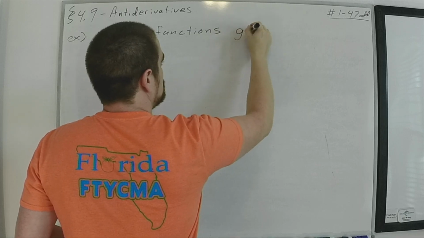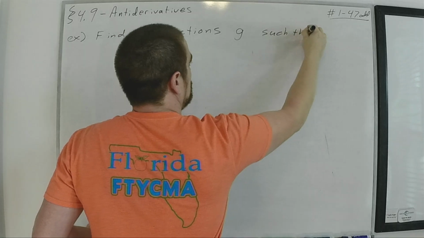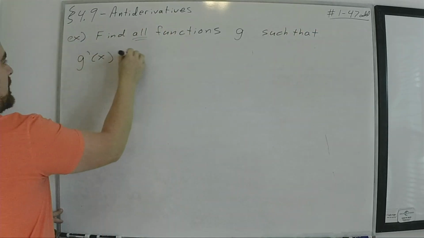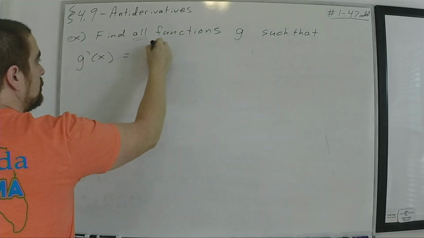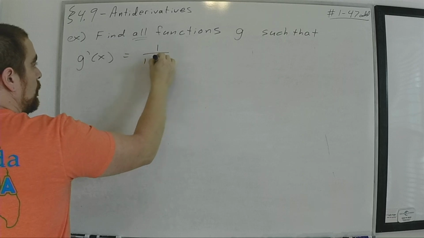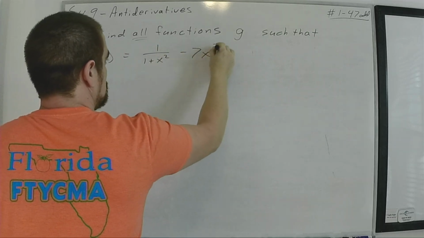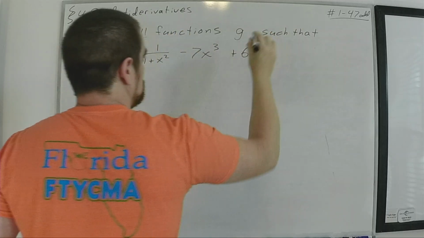Find all functions g such that g prime of x is equal to 1 over 1 plus x squared minus 7x cubed plus 6e to the 2x.